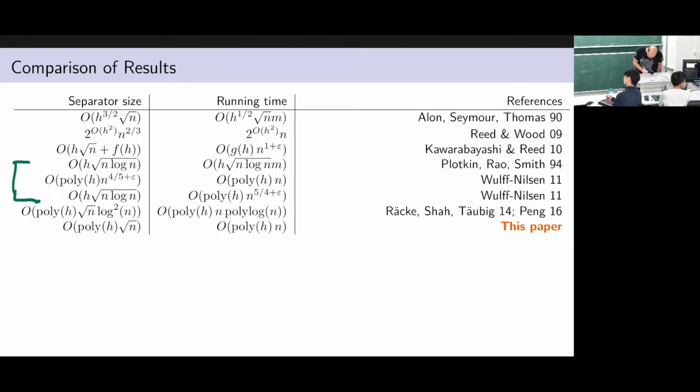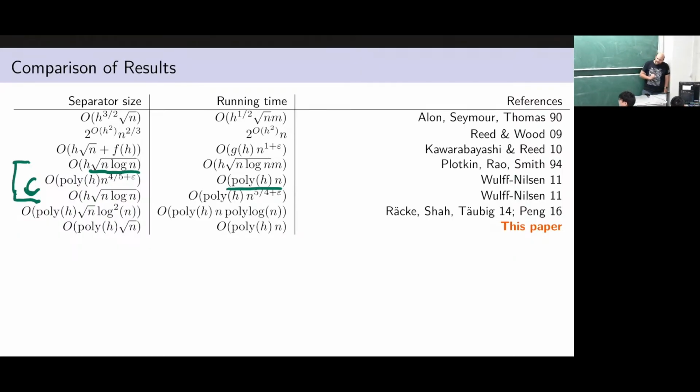Here again, the first caveat is that this is not square root of n, so it's very nice in h, but it's square root of n times log n, and those two are trying to have trade-offs between the running time and separator size. So, for example, this one has nice poly h times n running time, but then the separator size is even worse.